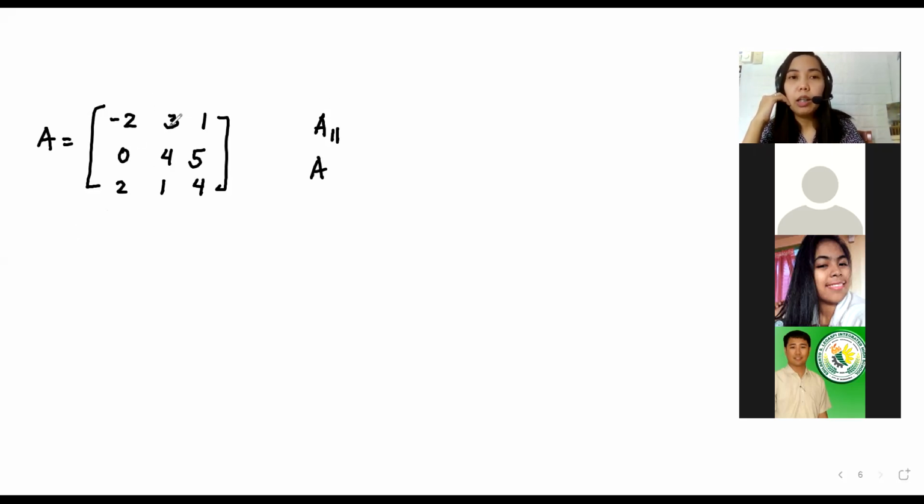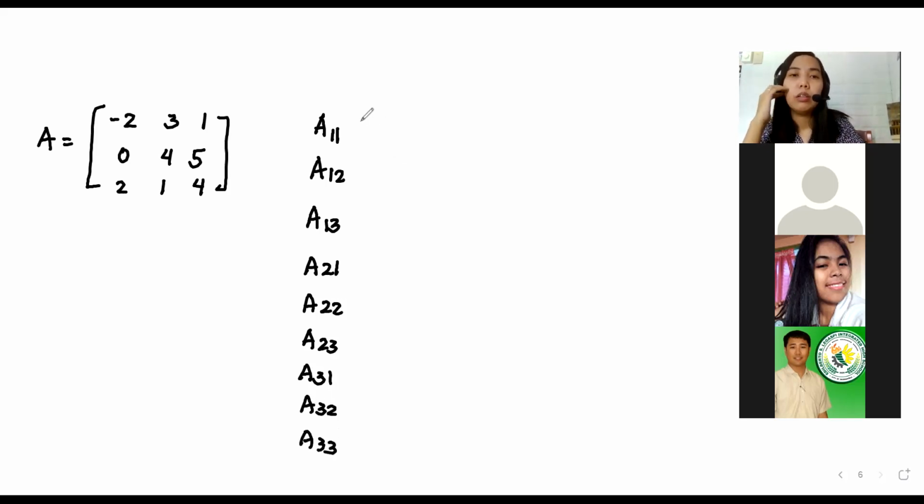Since this is 3 by 3, meron tayong siyam, kasi 9 elements: A11, A12, A13, A21, A22, A23, A31, A32, A33. That's how we denote minors.